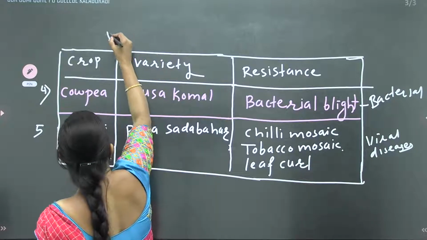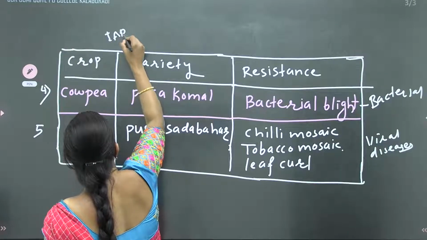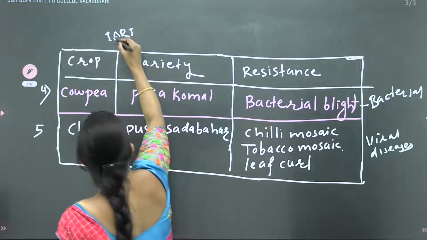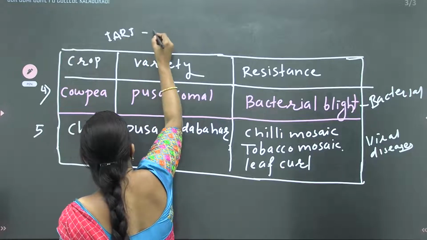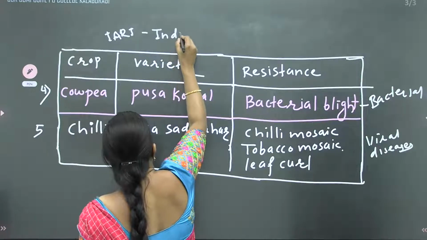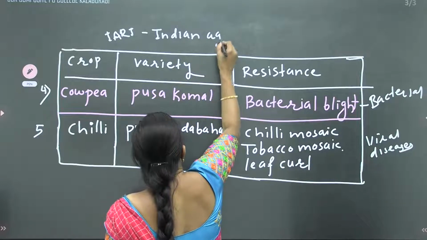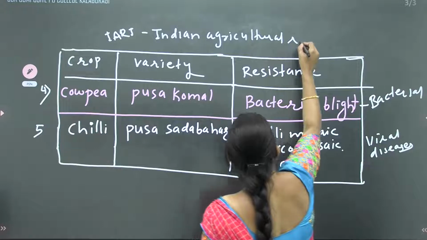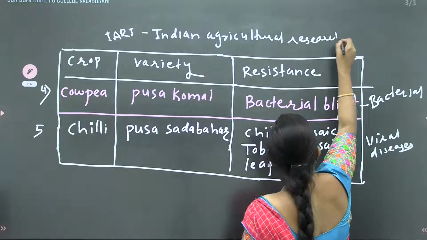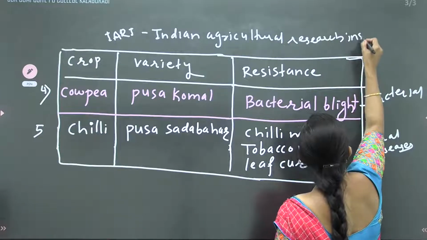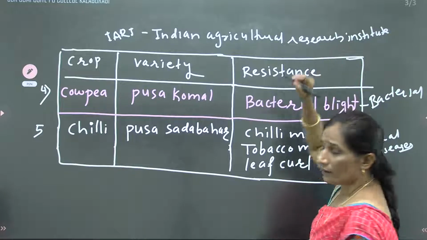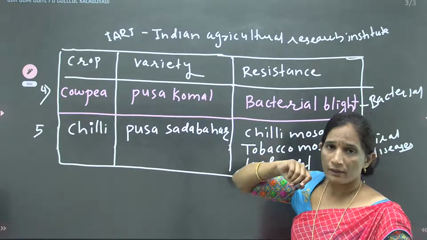Indian Agricultural Research Institute, in short we call it IARI, is located in New Delhi.